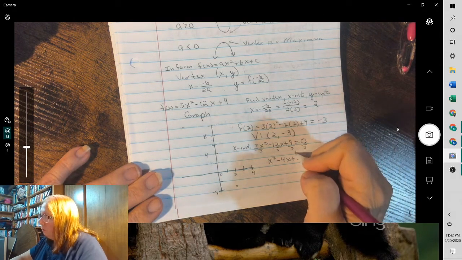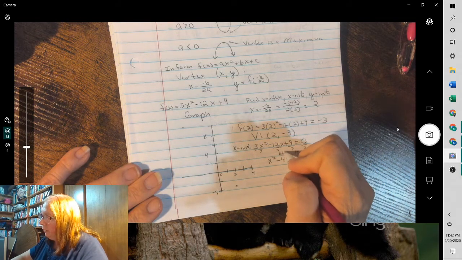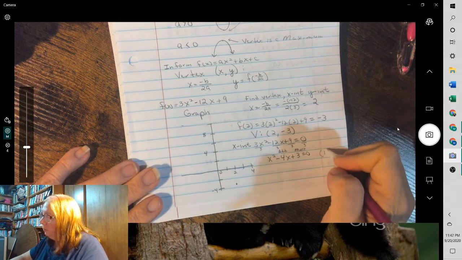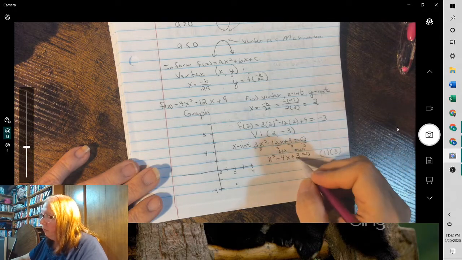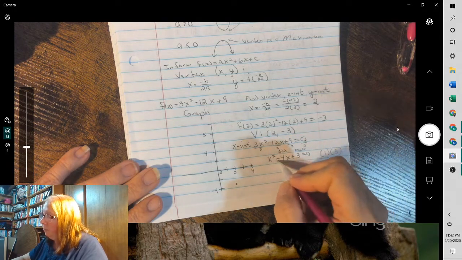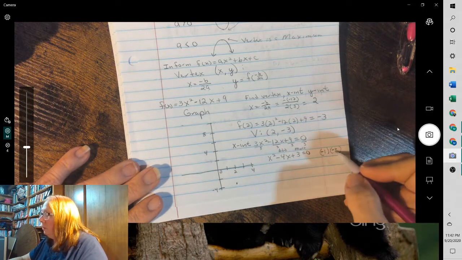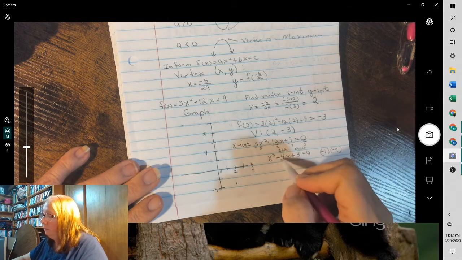So we want two numbers that when we multiply, we get 3, that when we add, we get a negative 4. Let's see, well, 1 and 3. When we multiply, we get 3, but when we add, we get a positive 4. Well, we can make them both negative, because when we multiply them, we still get the positive 3, and when we add them, we get the negative 4.